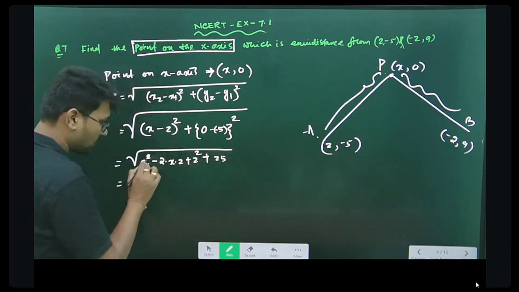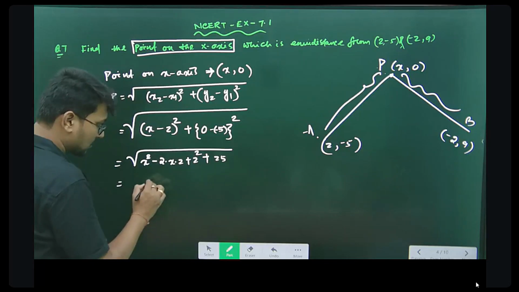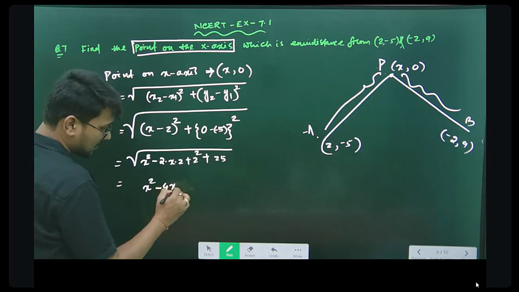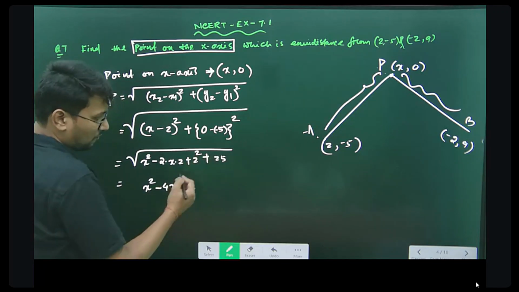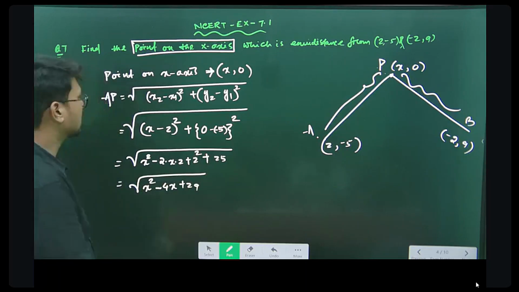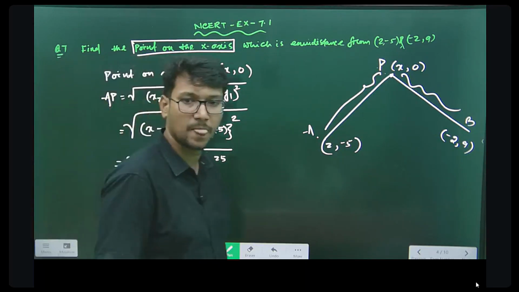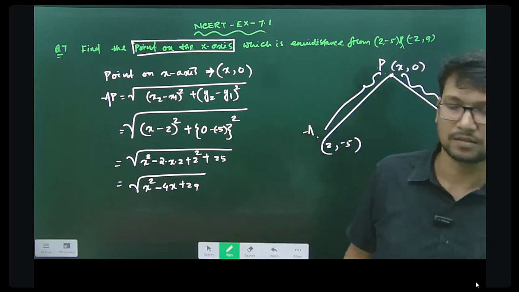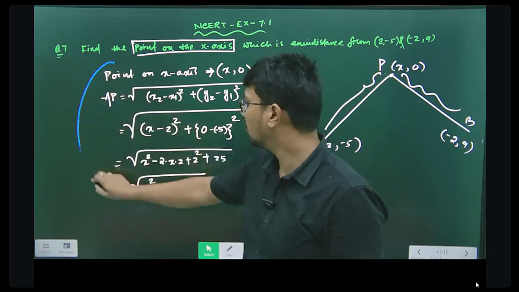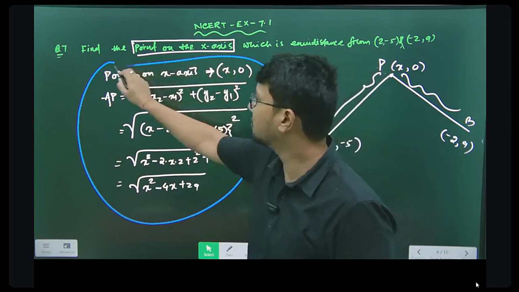So therefore, children, what is this? x square minus 4x plus 4 plus 25, how much is that? Under the square root. Boss, this is AP. Got it? Similarly, what will we find? Tell me, which one will we find?